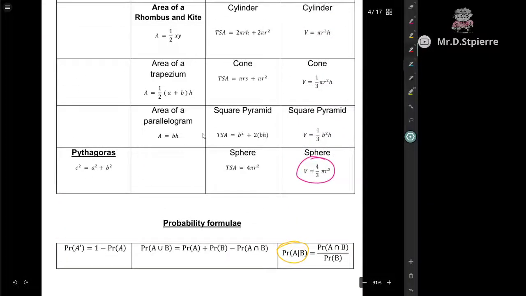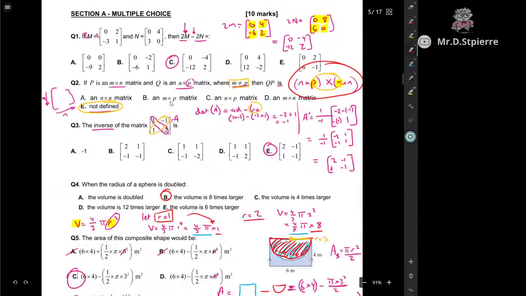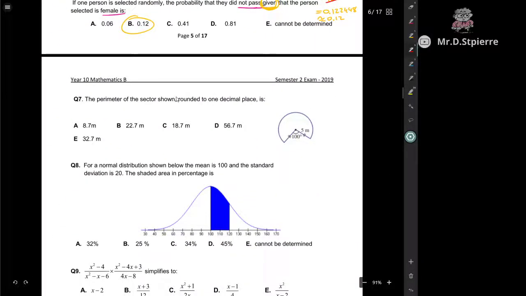The formula for the area of a sector is here. Theta divided by 360 times pi r squared. Area is equal to theta divided by 3... Oh no, I made a mistake here, where it's asking for a perimeter. My apologies. Perimeter.